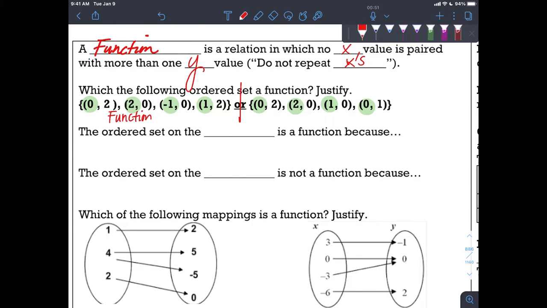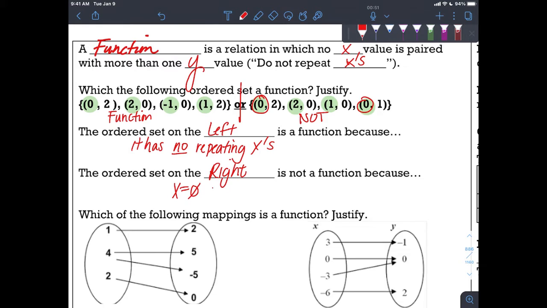This is a function. Over here, however, they repeated the 0. This is not a function. So the ordered set on the left is a function because it has no repeating x's. And the ordered set on the right is not a function because x equals 0 repeats.